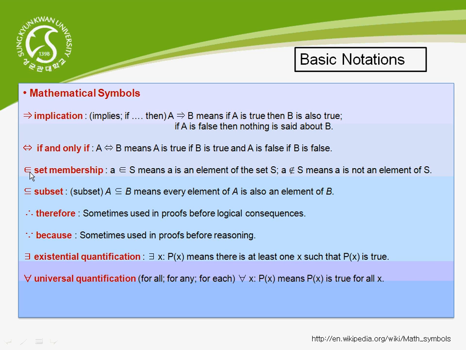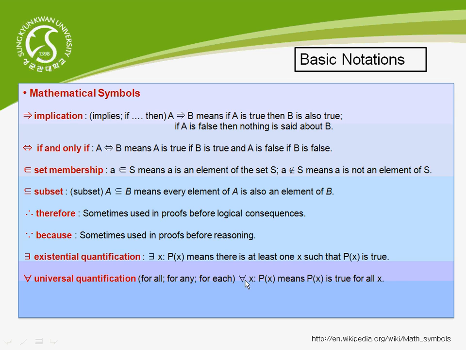You know what this means. This is set membership. This is a subset notation. And therefore, and because. And this is existential quantification: there exists x that satisfies such a thing. So I will use this backwards E instead of writing there exists. The flipped A is for all, or for any, or for each.